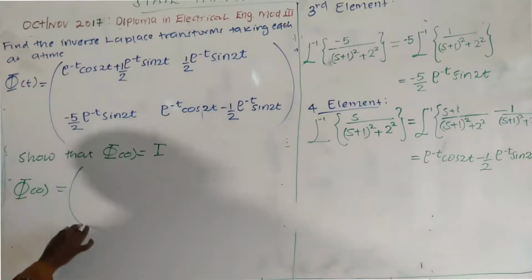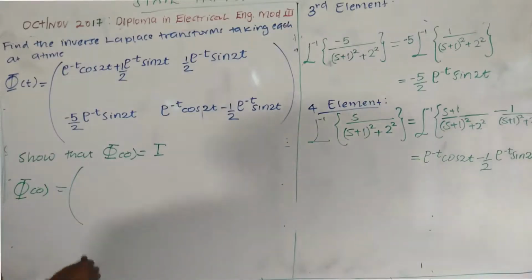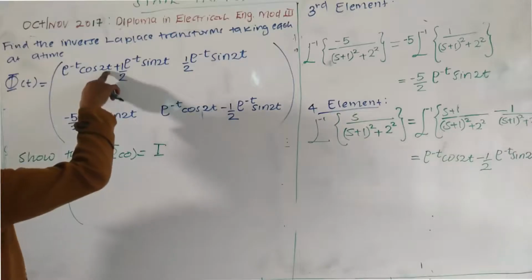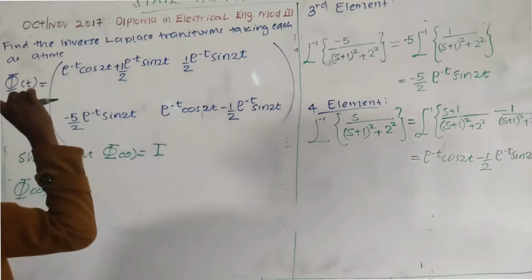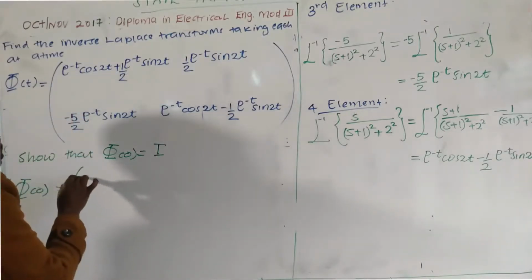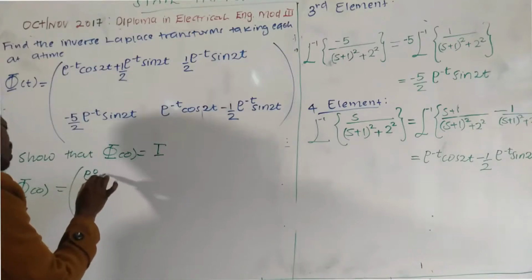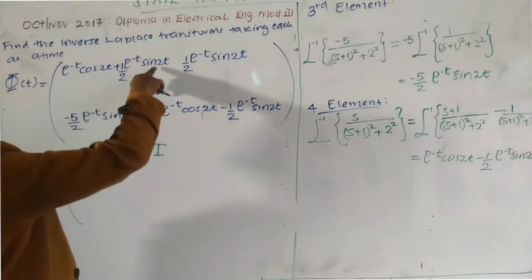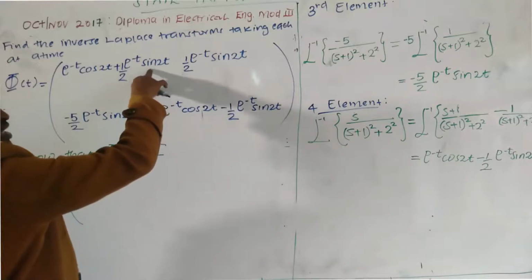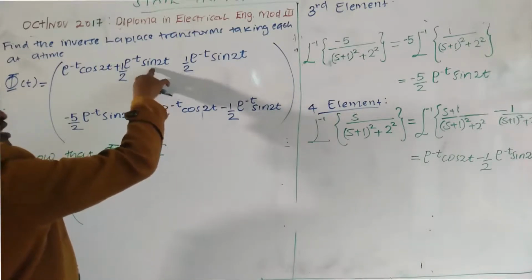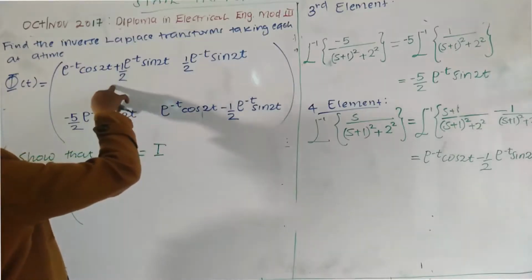It means wherever you have t, substitute 0. Here if you put 0, cosine of 0 is 1. Sine of 0 is 0, because it will be 2 times 0, which is 0. Sine 0 is 0, multiplied by the whole of this, it will be 0.